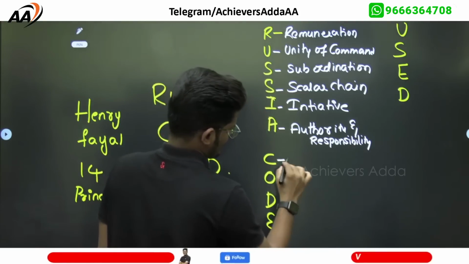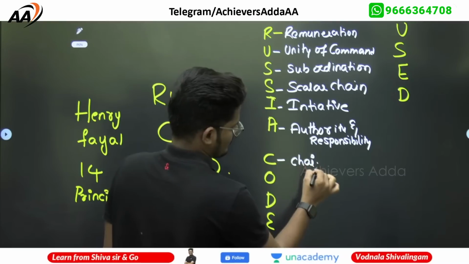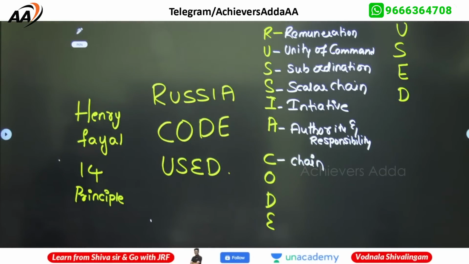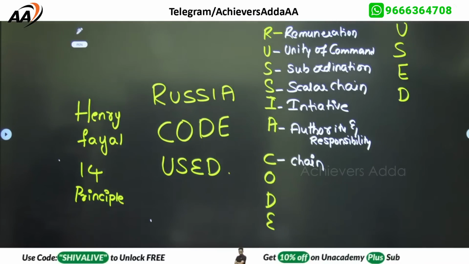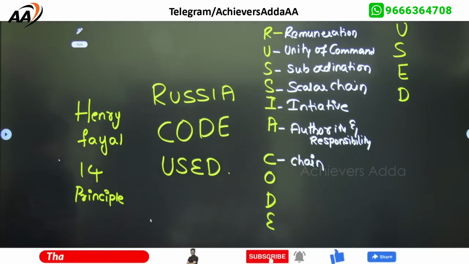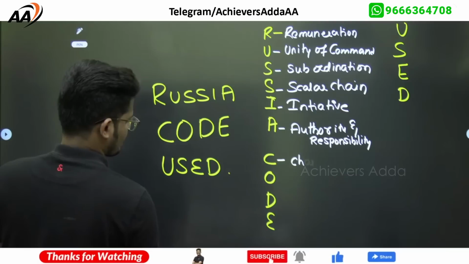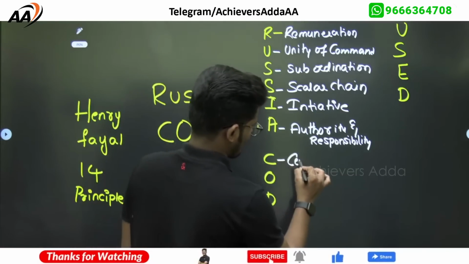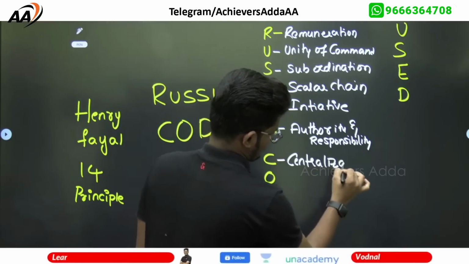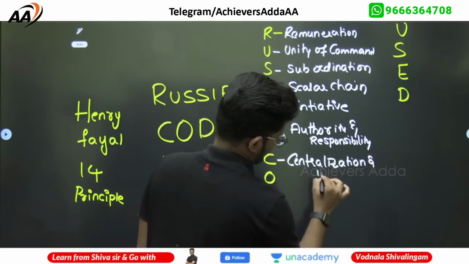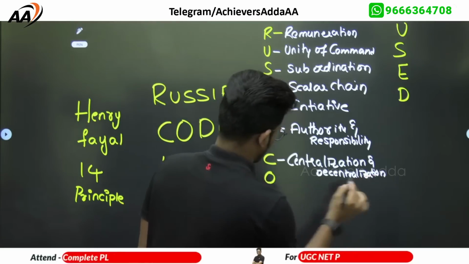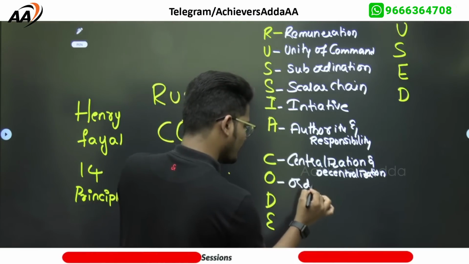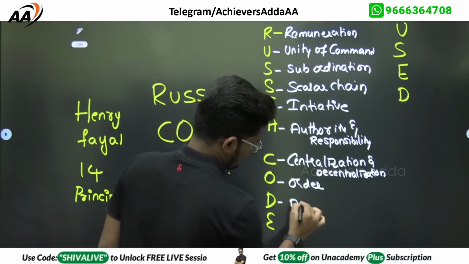Next, C: centralization, decentralization, correct. And O, order. D, discipline.